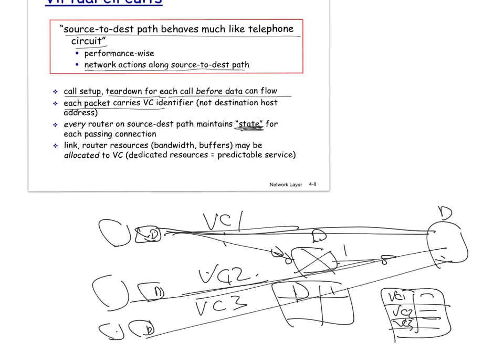But using virtual circuits, I can have some priorities, some scheduling, based on the virtual circuit identifiers in the router, in which case I can provide some service guarantees. So the good thing about virtual circuit is that you can have better control from the router point of view, but the cost is scalability. Maintaining the states is not really scalable.